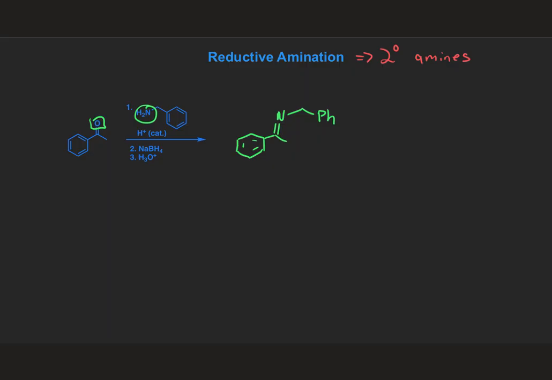And in step two, we're going to treat this imine with sodium borohydride. And we've seen sodium borohydride as a reducing agent for carbonyls, but it will also reduce imines.